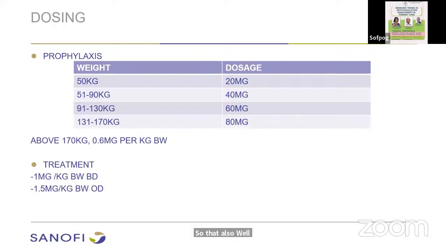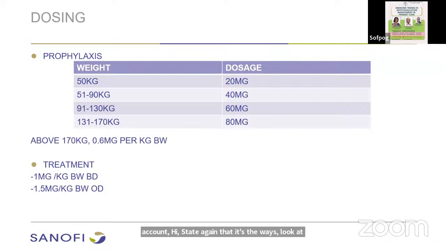For our patients who weigh less than 50 kg, or those who weigh 50 kg will take 20 milligrams as prophylaxis. So it is very common that we see a lot of 40 milligram or 4,000 IU prescriptions. However, we want to state again that it's the weight-based dosing.